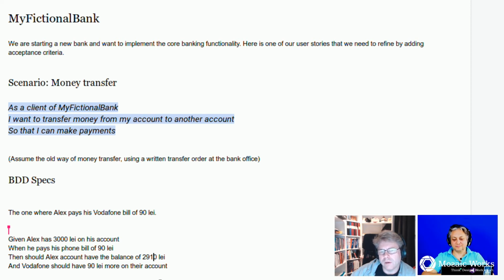You don't see anything about going to the right URL, entering the amount in a certain text box, pressing submit, going to the next account, checking their balance. You don't see any details. If you look at this, you don't know how we're going to test this.